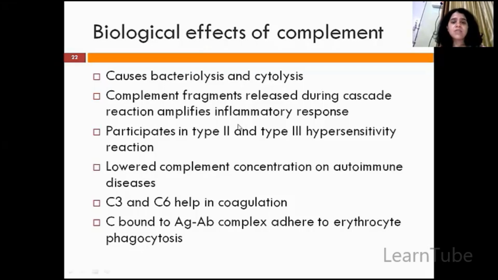This complement system also participates in type 2 and type 3 hypersensitivity reactions. In any autoimmune disease, the concentration of complement lowers down. Then C3 and C6 also help in coagulation, and C bound to antigen-antibody complex adheres to erythrocytes.